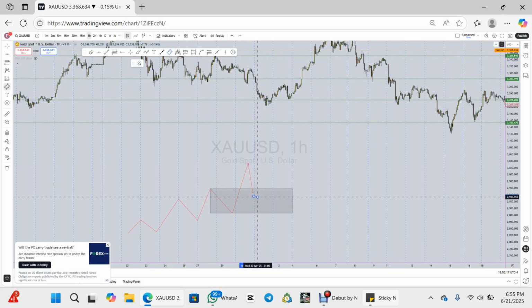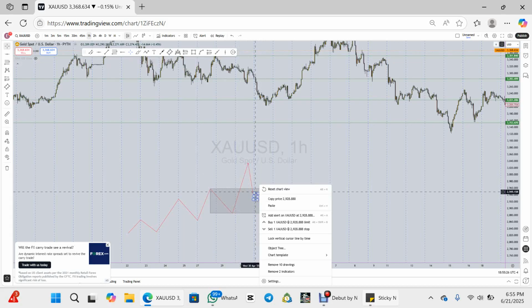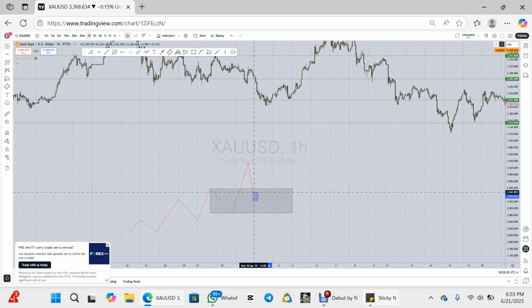So we want to see an engulfing candlestick. No, that's not straight. Engulfing candlestick is something like this. So this is what an engulfing looks like.